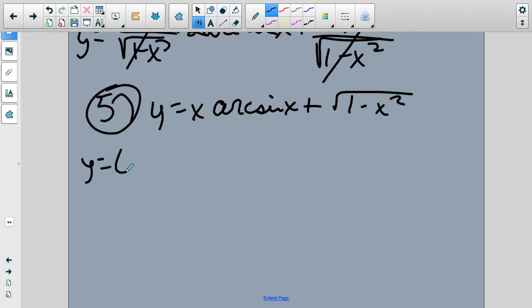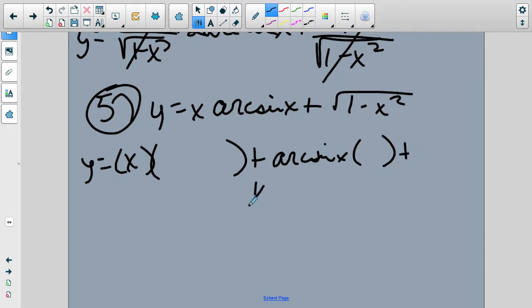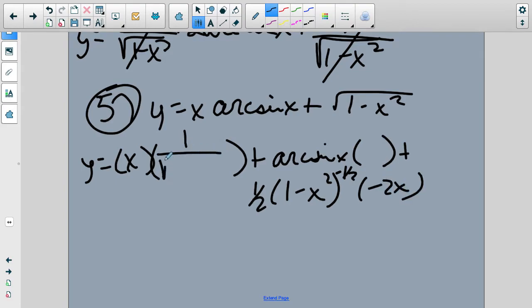All right, so anyway, product rule. I'm gonna go first, times derivative of the second, plus the second, times derivative of the first. I'm gonna go in and do this one so I won't forget about it. 1 minus x squared to the negative 1/2 times negative 2x. The derivative of arcsine is 1 over the square root of 1 minus x squared, and the derivative of x is 1.